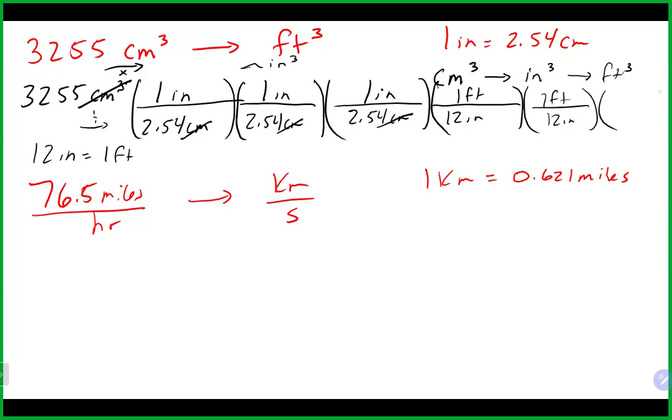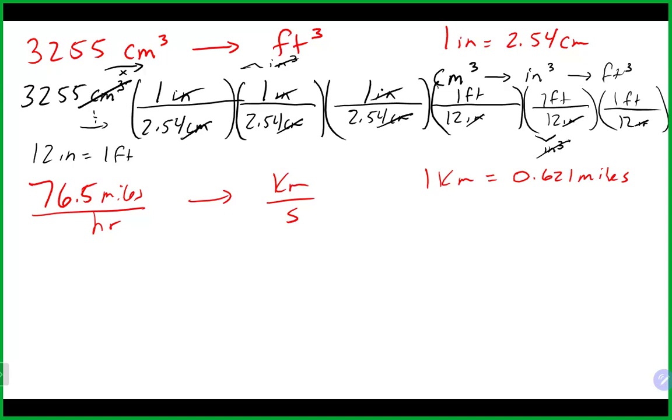Maybe I'll squeeze it in there. 12 inches is 1 foot. Once again, inches times inches times inches gives me inches cubed on the bottom, which will cancel out my inches cubed up there on top. Now, when I multiply the top, I have feet times feet times feet, which is cubic feet.